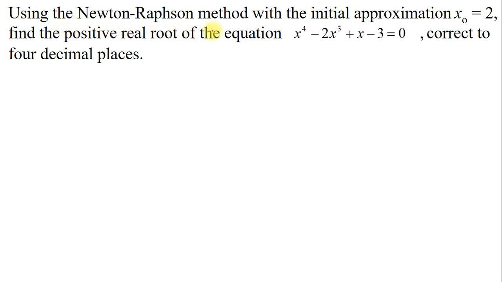Using the Newton Raphson method, with the initial approximation x0 equals 2, find the positive real root of the equation, correct to 4 decimal places. Now, to solve this question using Newton Raphson method, you don't need to draw the graph.